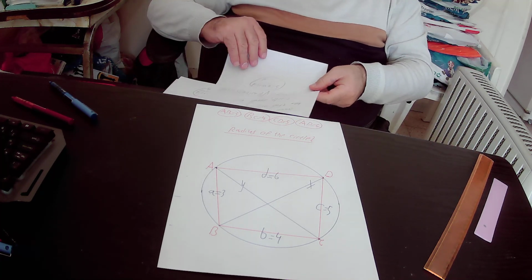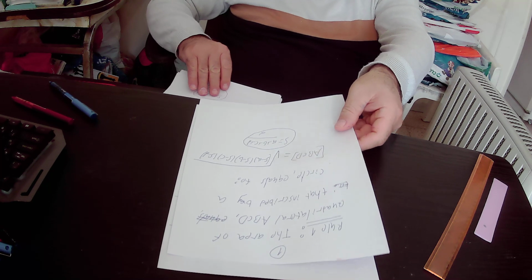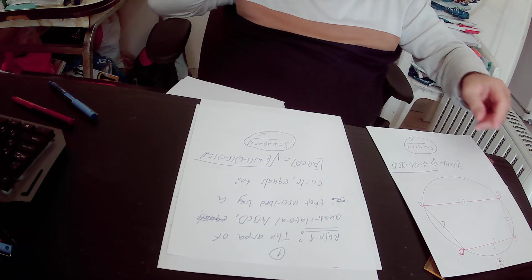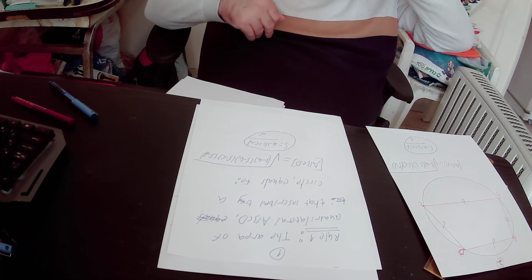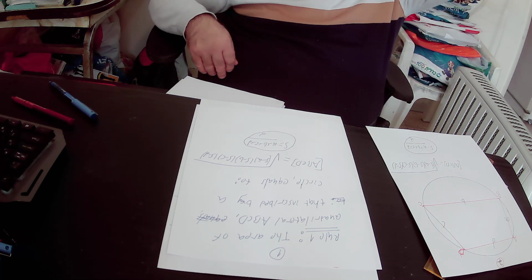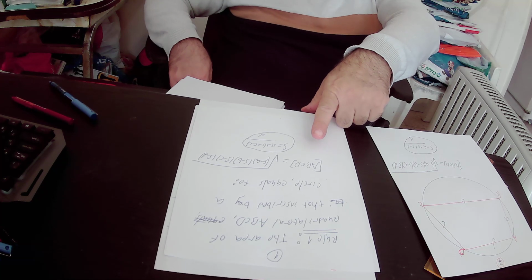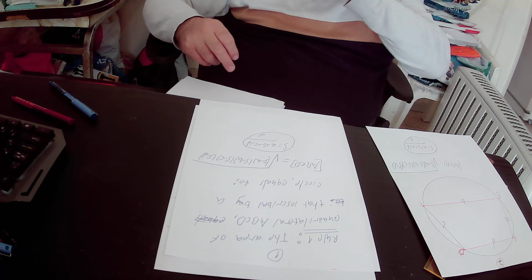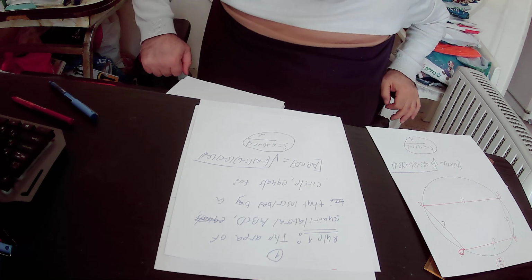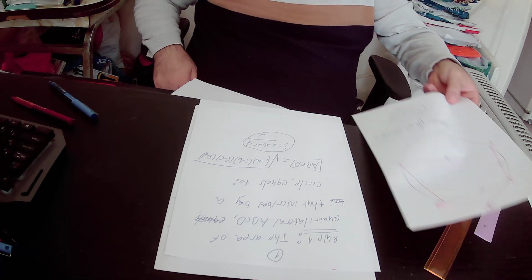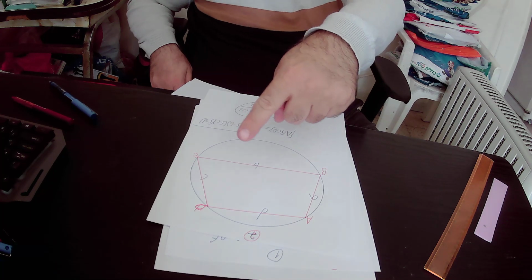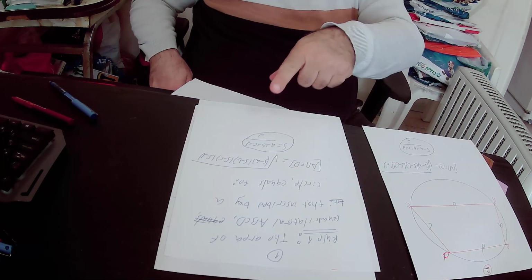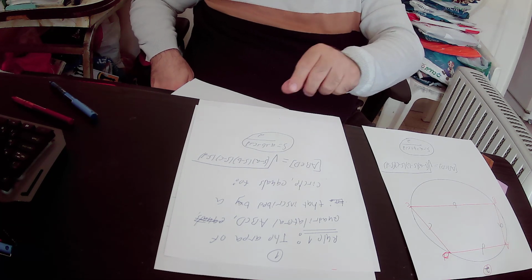According to rule number 1, the area of quadrilateral ABCD that is inscribed in a circle equals the root of (S minus A) times (S minus B) times (S minus C) times (S minus D), where A, B, C, and D are the sides of the quadrilateral ABCD, and S equals (A plus B plus C plus D) over 2.